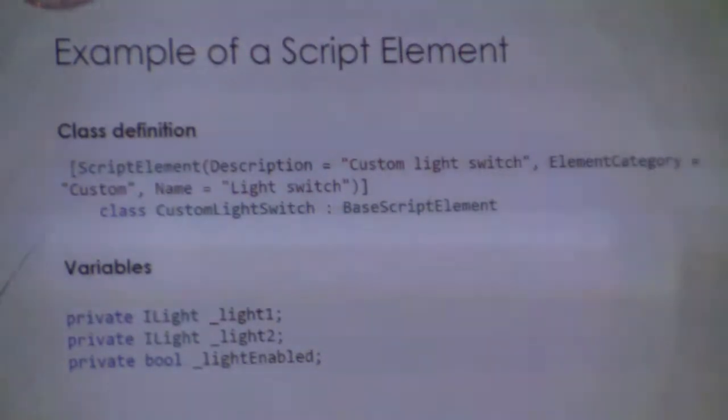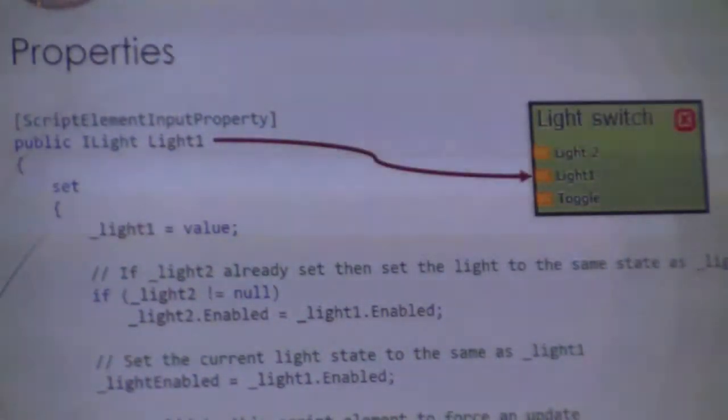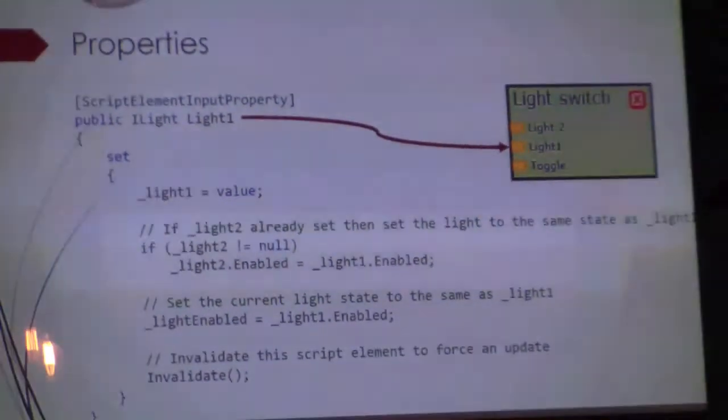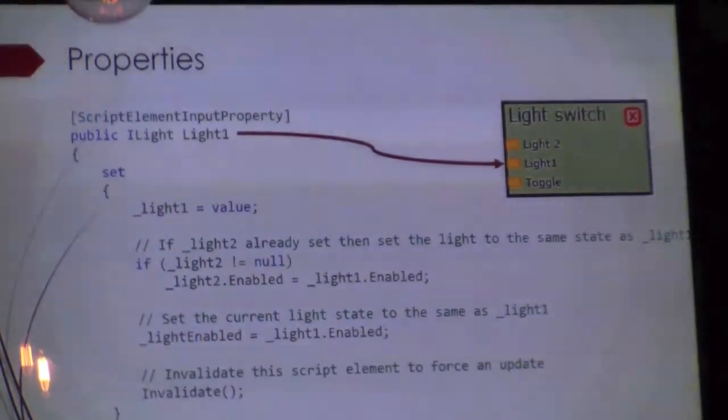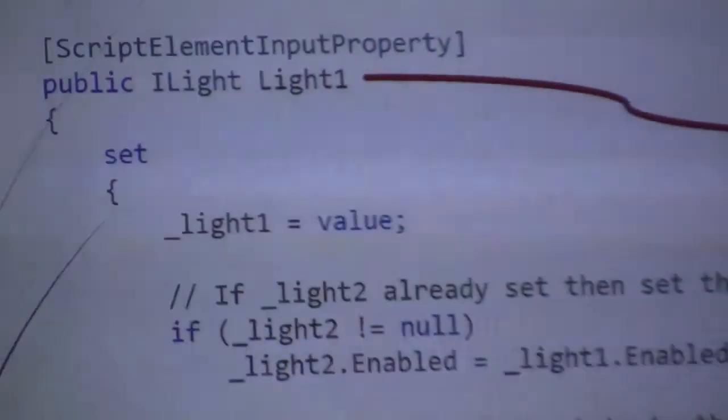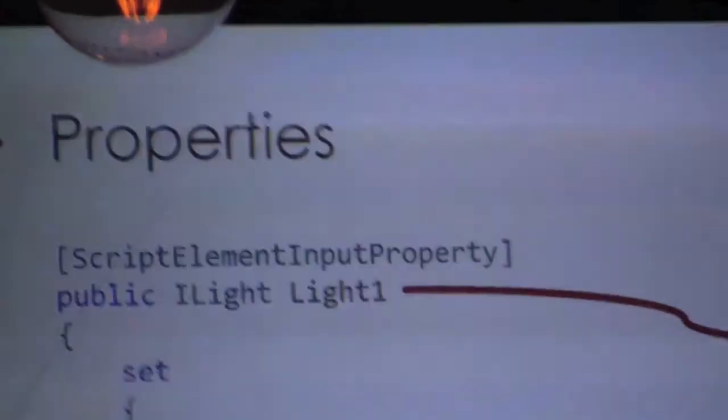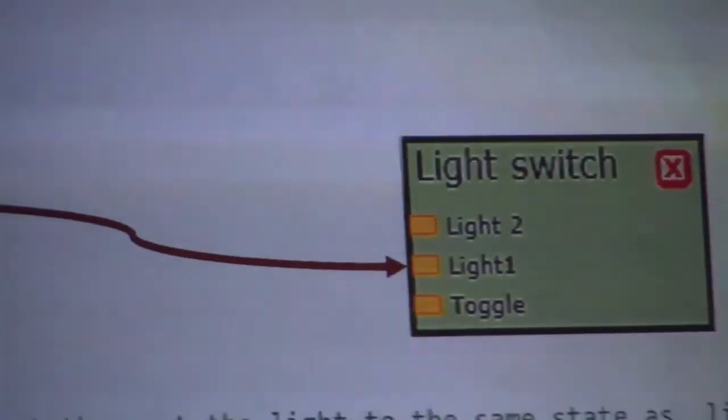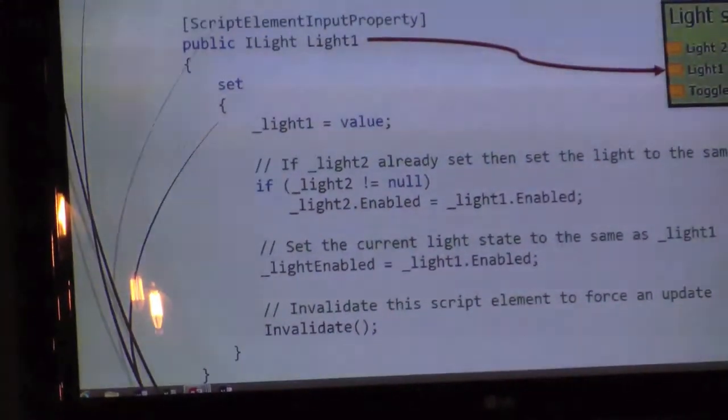Define a bunch of variables for the lights and the light status. For the first property, Light1, all we do is define a property, and above it, put the ScriptElementInputProperty attribute. That tells the framework that that's an input. And again, that's all you need to do.